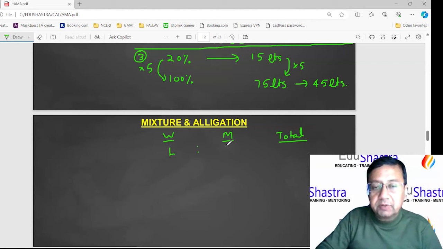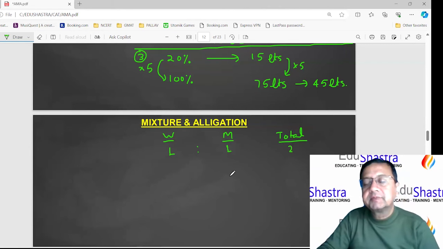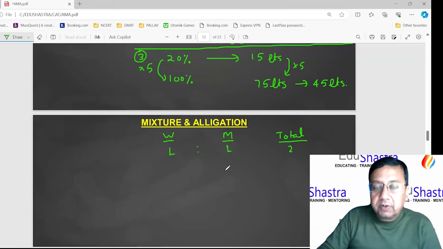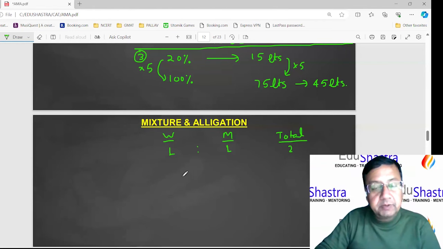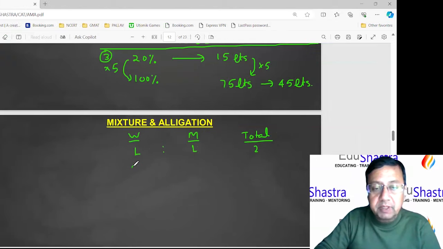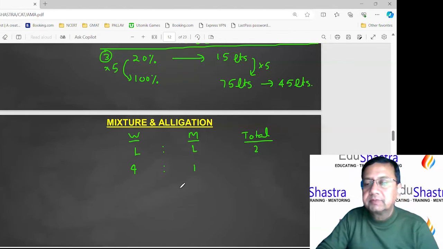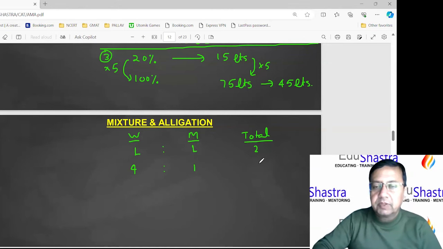Ratio is coming out to be 1:1 and total we are having 2 parts. Done. Later on they are saying 20% milk. So 20% milk, 80% water. So the ratio is coming out to be 4:1. Total is 5.